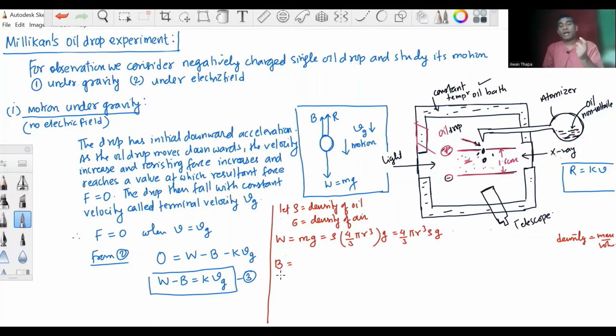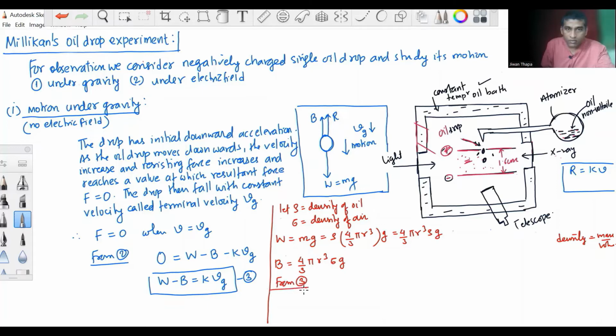We are calculating the buoyant force for air, so the volume of air displaced by the oil drop is 4/3 pi r cube. That is, the volume of air displaced equals the volume of the oil drop, and density for air is sigma, and we have g. So we have this.